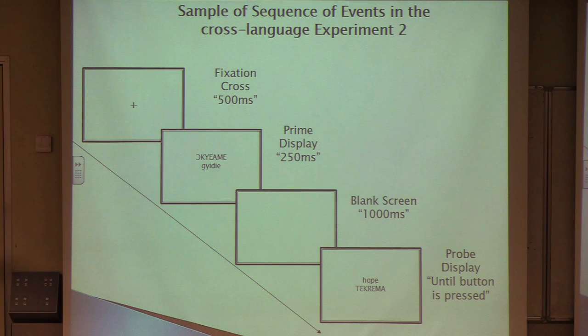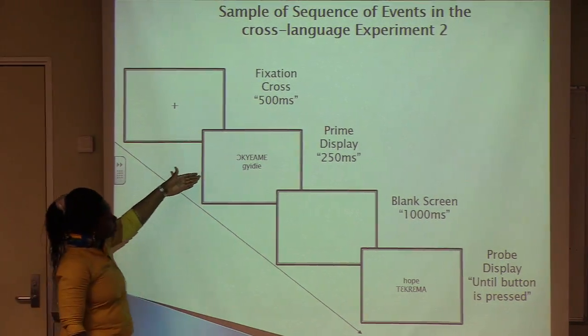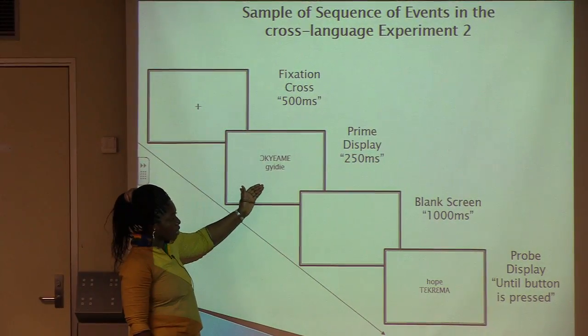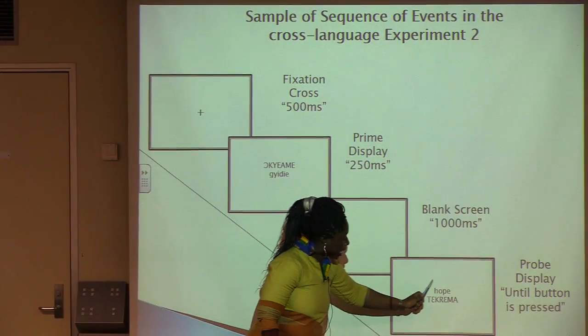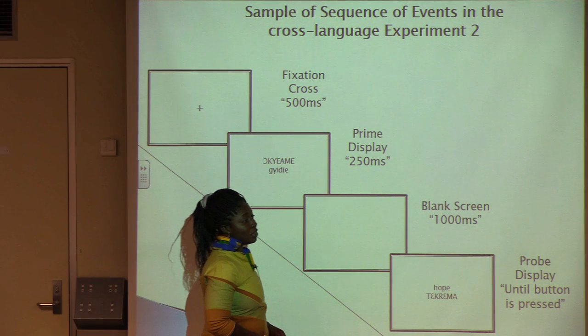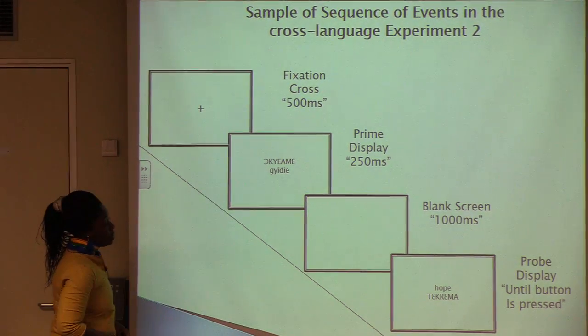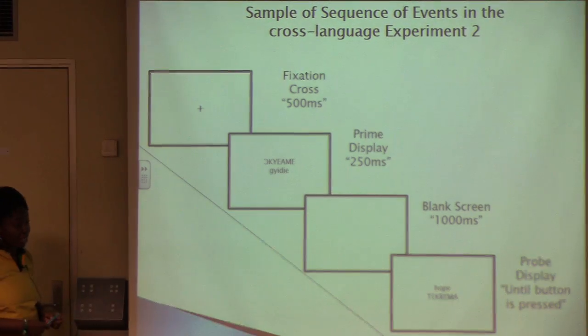The prime stimuli, or the prime words, are presented in their first language, that's the Tree language. And then the probe target is presented in the English language, although the probe distractor is also in their first language.